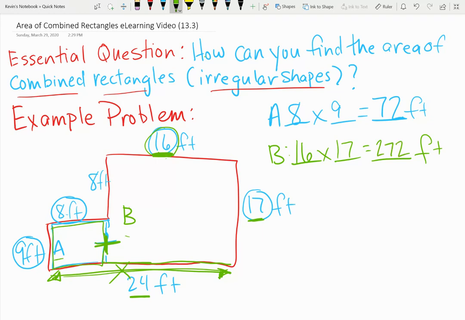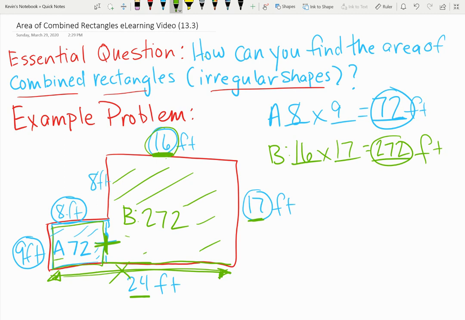272 feet. Now, our last step, remember box A is 72. I tell my class just to write 72 over here so you can kind of get that visual, the square footage over here. And then box B, we know, is 272. And that's for the surface area of this shape over here.